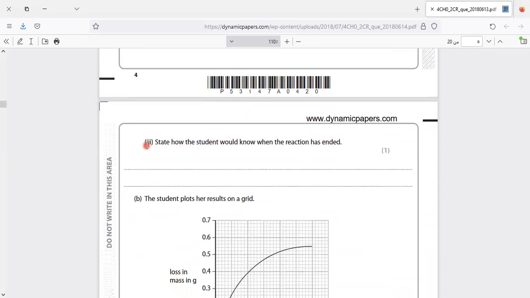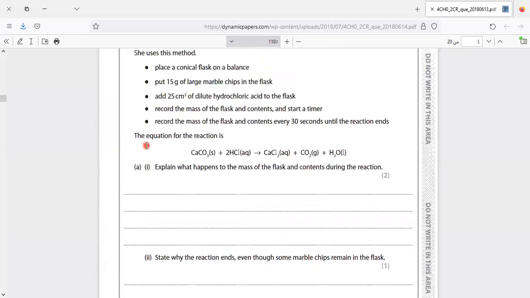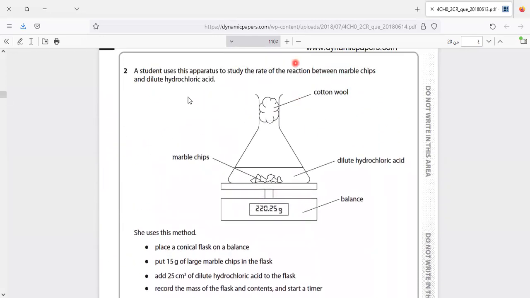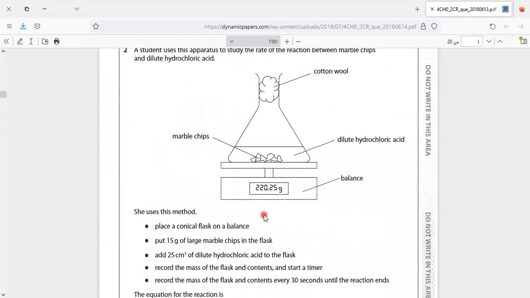Question number 3. State how the student would know when the reaction has ended. No more decrease in mass. We can measure the rate of this reaction by measuring the decrease of the mass. Once the decrease in mass has stopped, I know the reaction has finished.